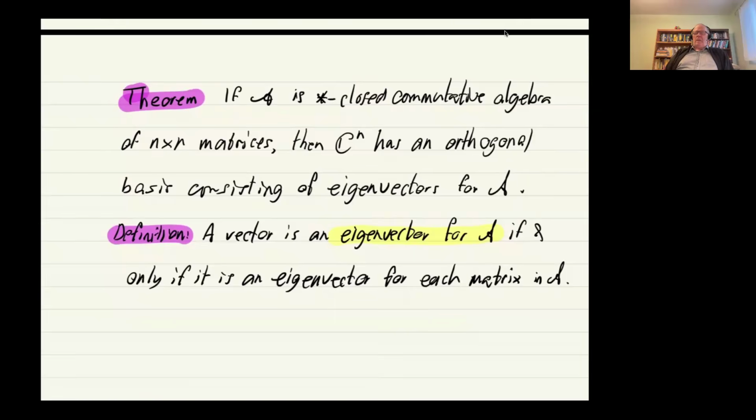Now, how do you do that? Well, the idea simply is you take your matrix A and then you quote the so-called fundamental theorem of algebra to say that we know there's an eigenvector.